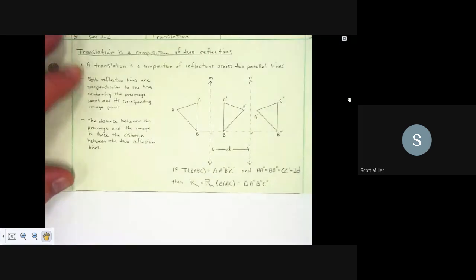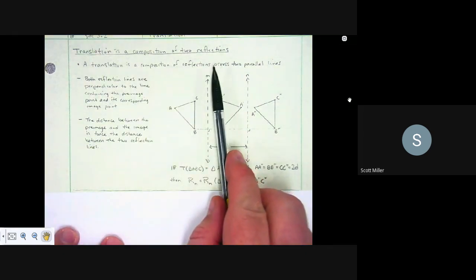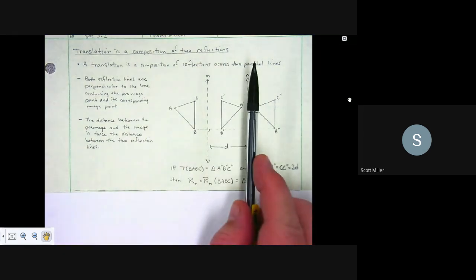All right, so this is a translation, a composition of two reflections. What they're showing you here is that any translation can be equivalent to a double reflection, a composition of reflections across two parallel lines.